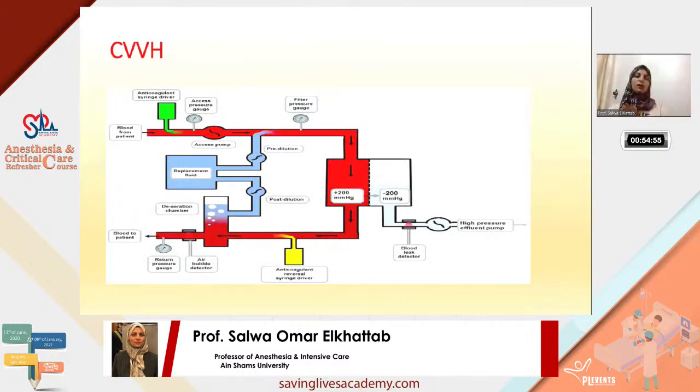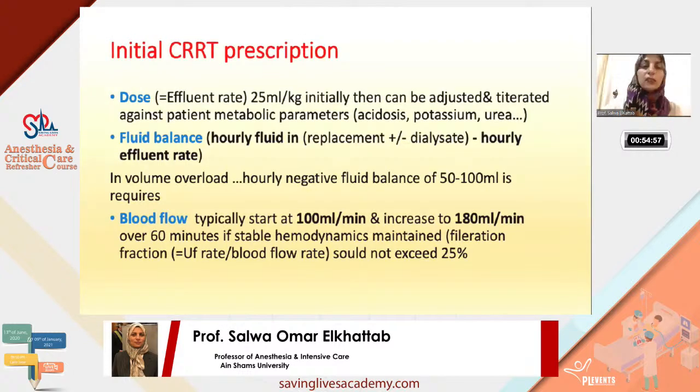When we are prescribing a CRRT order, it might be by the nephrologist, it might be by the intensivist, or it might be by both of them. This depends on the institute's protocol. Each institute should have their own policy and protocols. Who is the one responsible for prescription of CRRT?